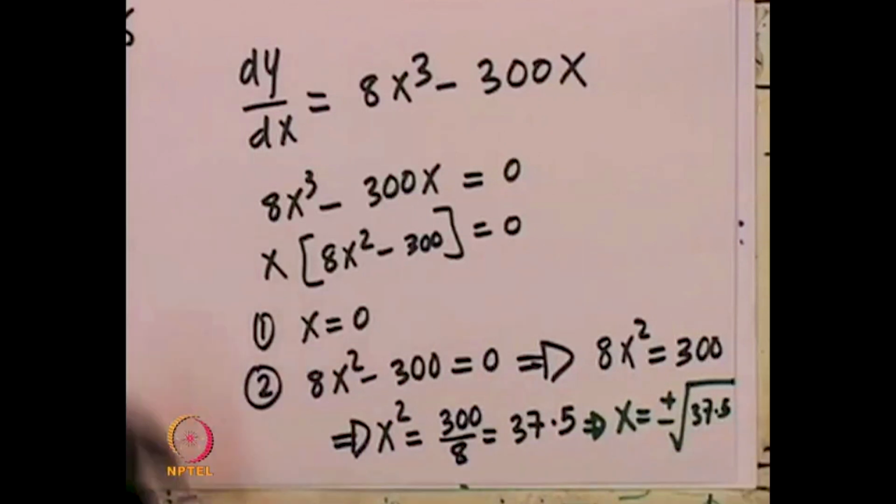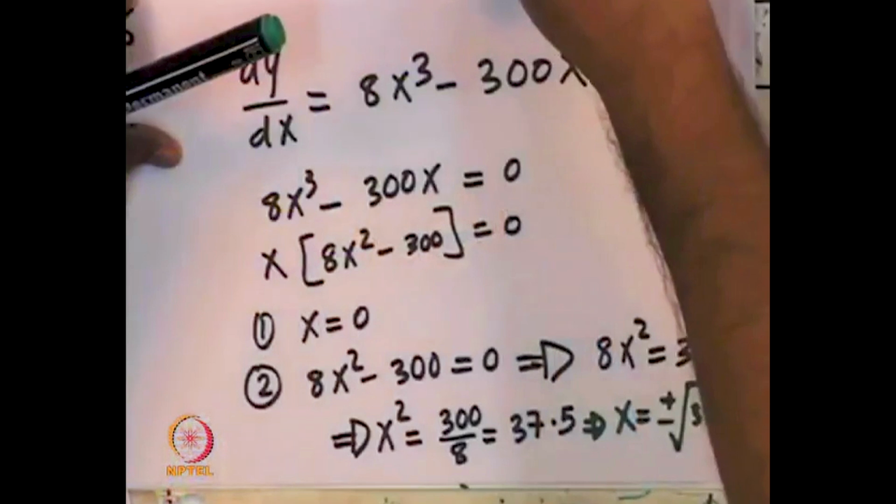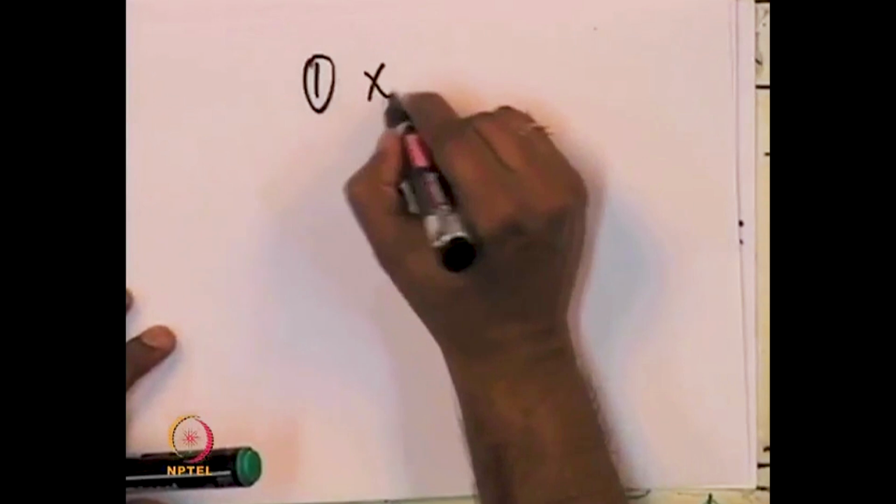You know the square root of 36 is either plus 6 or minus 6. So 37.5 will have a square root which is just above 6. So you can find out the square root of 37.5. So we found three things here. What did we find? One possibility is x equal to 0.